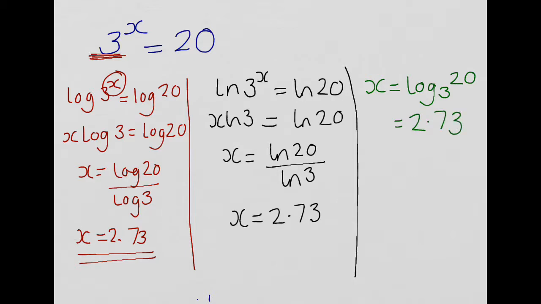Now, the reason I've bothered to do this is, yes, this is the quickest method, no doubt about it. But you need to find that mode in your calculator, which I discussed in a previous video. Some calculators, not many, have it on their main screen, and if you've got more of a GCSE style calculator, they often do have it on their main screen.